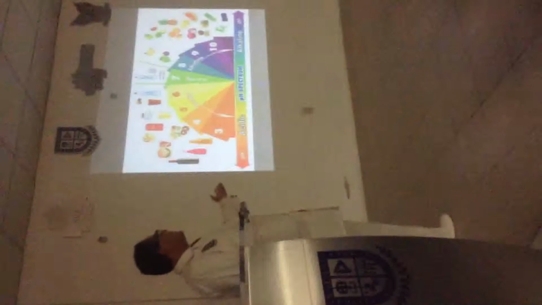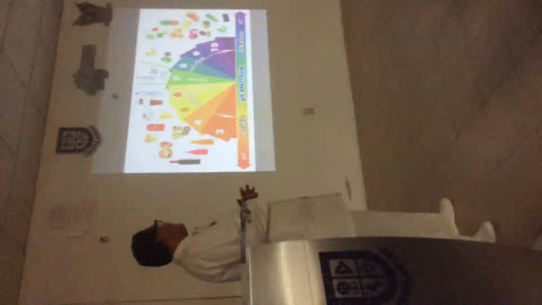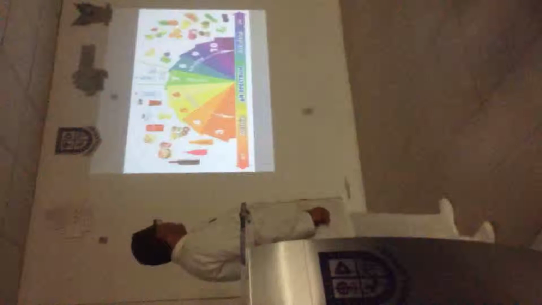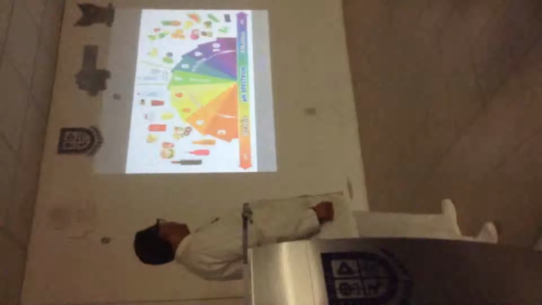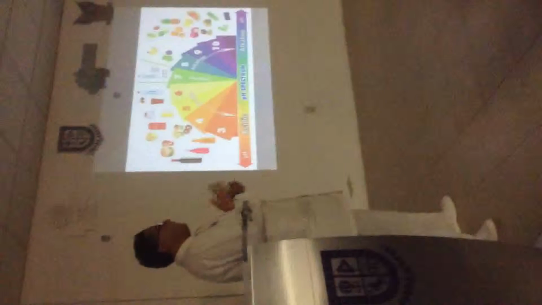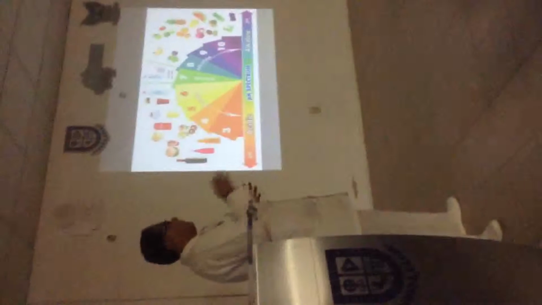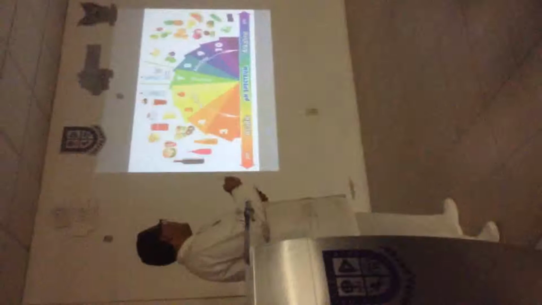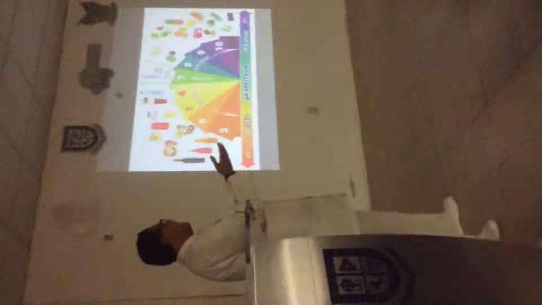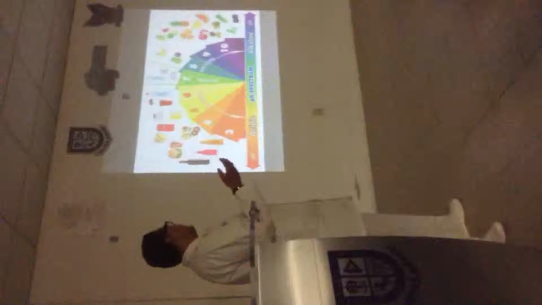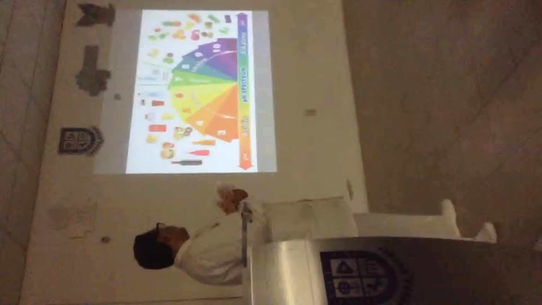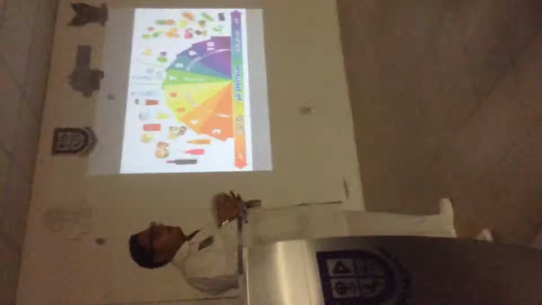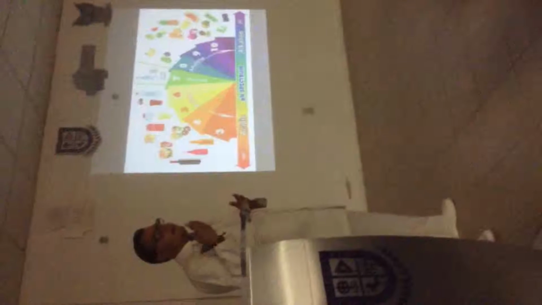Well, the examples of food and acid and alkaline levels are shown in this graphic. The neutral level is always water. In the alkaline range there are, for example, many fruits and vegetables. And acidic are the processed or fast foods.